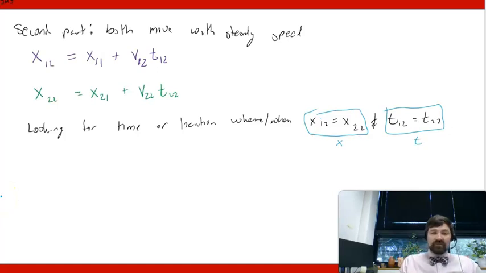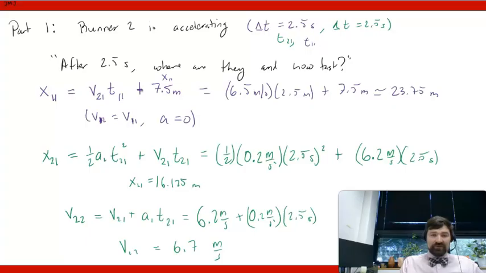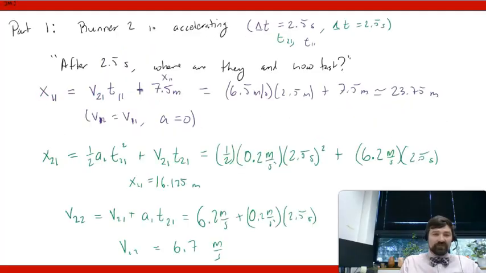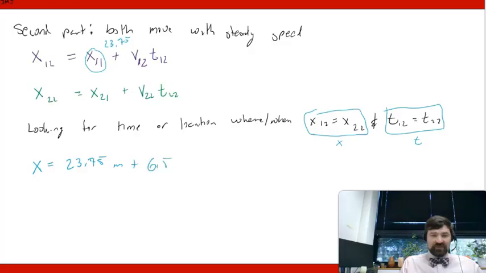Now the equations become x equals x11, which we can read off, 23.75 meters, plus v12, the speed that number 1 had, 6.5 meters per second, times time.